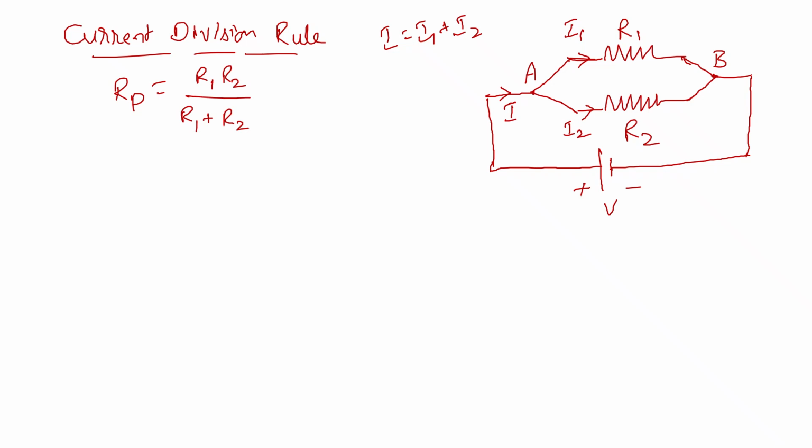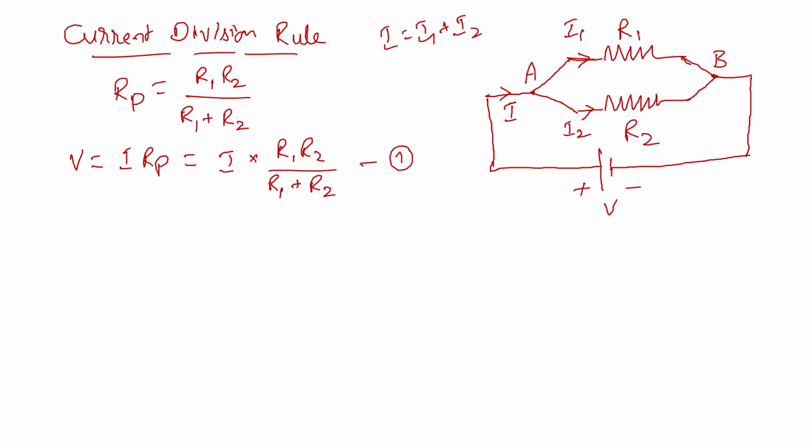Now if you take the equivalent resistance of the R1 R2 parallel combination as Rp, then the total supplied voltage V equal to I into Rp, which is equal to I into R1 R2 divided by R1 plus R2. So let it be equation 1.